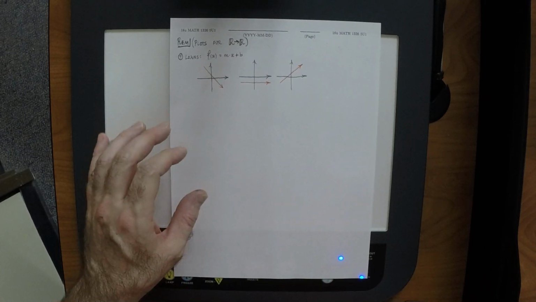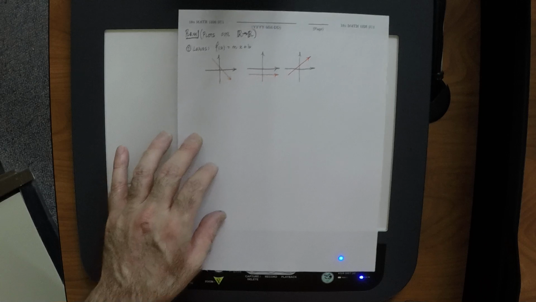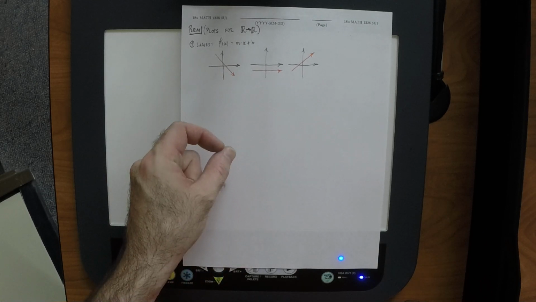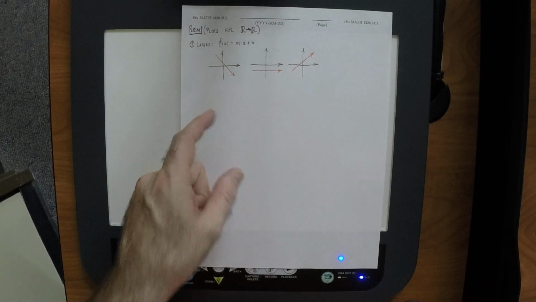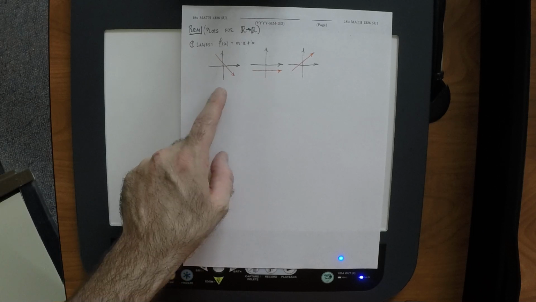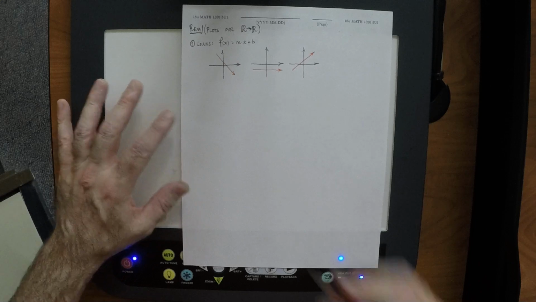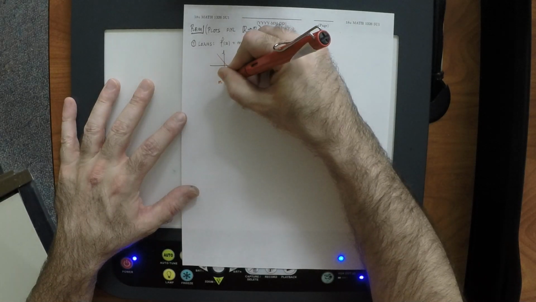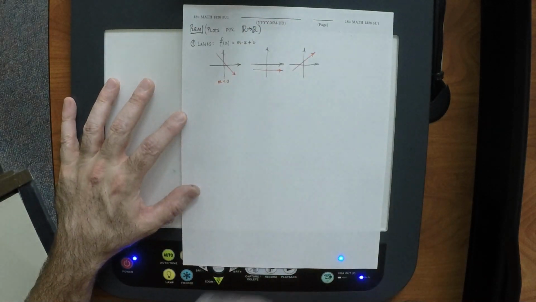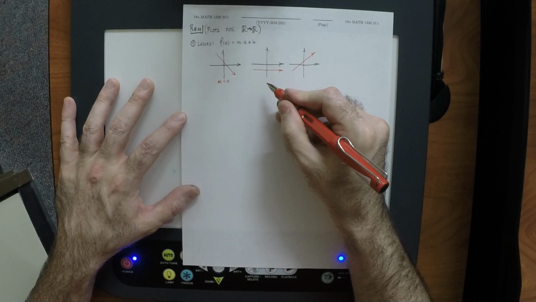And so just looking at the pictures, you should be able to tell me for each one, what is the sign of m? So what's the sign of m for this one? Negative. So m is negative. And how about for this one? It's 0.